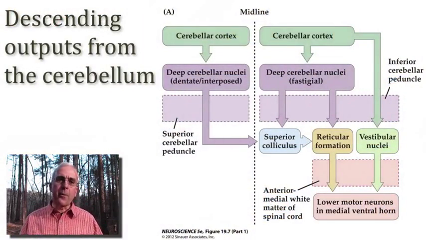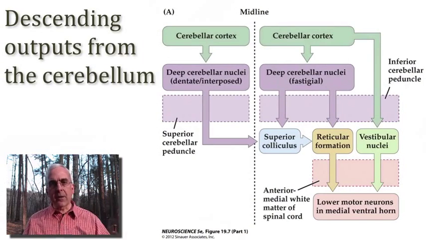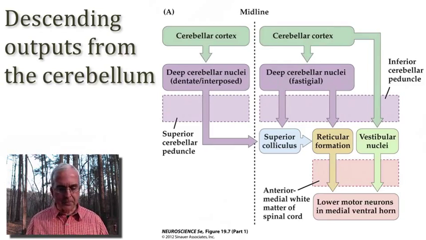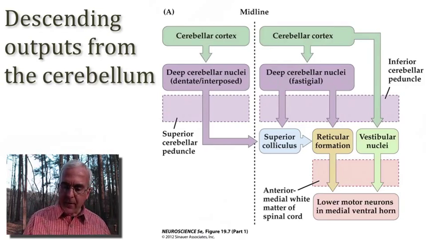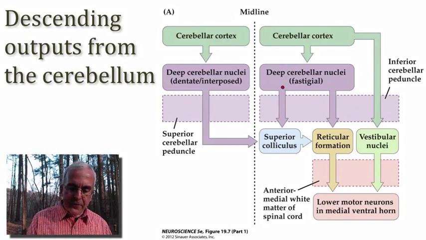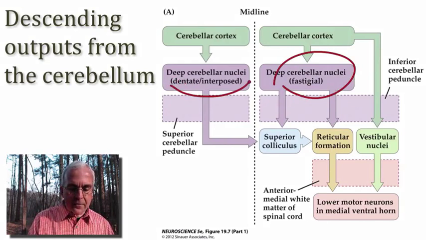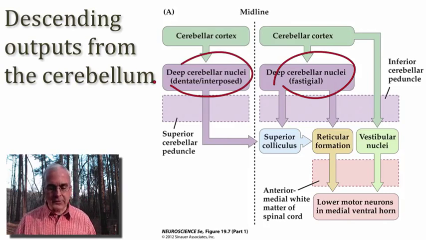Now let's talk about what we might call the descending outputs of the cerebellum. Anatomically descending, not up to the motor thalamus, but directed towards brainstem targets. So recall again that we have our deep cerebellar nuclei. Near the midline, we've got the fastigial nucleus, and a bit more laterally, we have the dentate and the interposed nucleus.